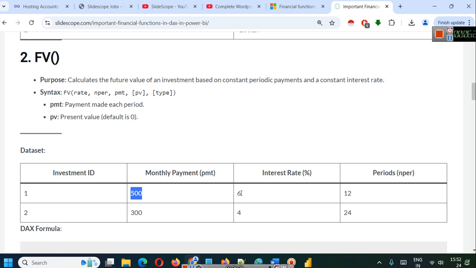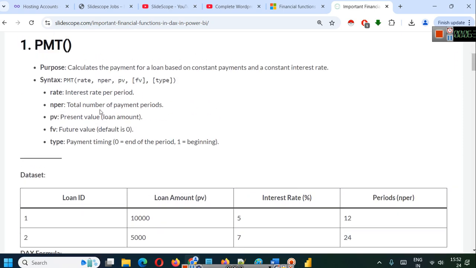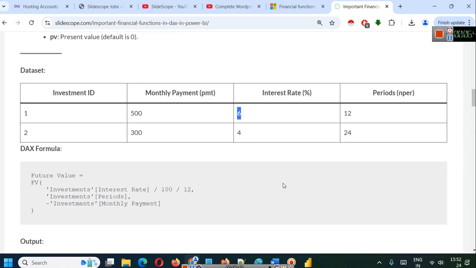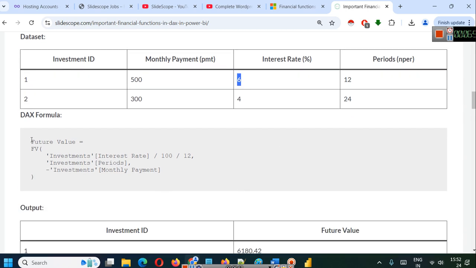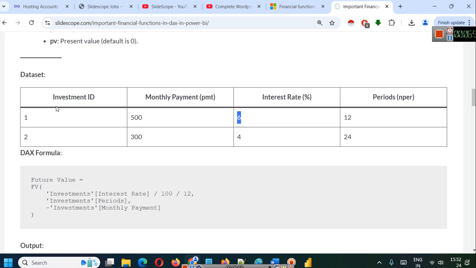At an interest rate of 6%, and periods, that is NPER, the total number of payment periods, is 12. So this person will pay 500 rupees per month at 6% interest rate for 12 periods, and the second investment will pay 300 at 4% for 24 months.